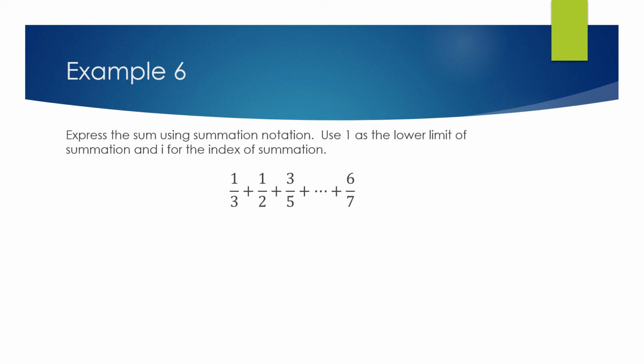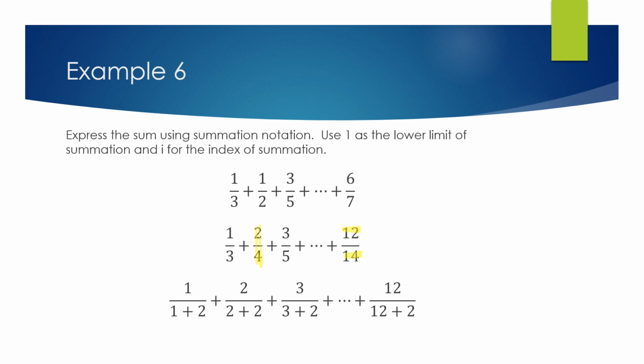Well, when you analyze the different terms, you might notice that if you change the 1/2 to 2/4, now we see 1, 2, 3 in the numerator, and we see 3, 4, 5 in the denominator. So if we rewrote 6/7 as 12/14, then we can see how the pattern is changing.